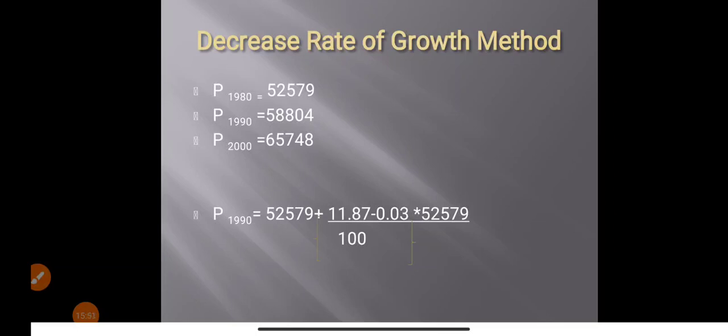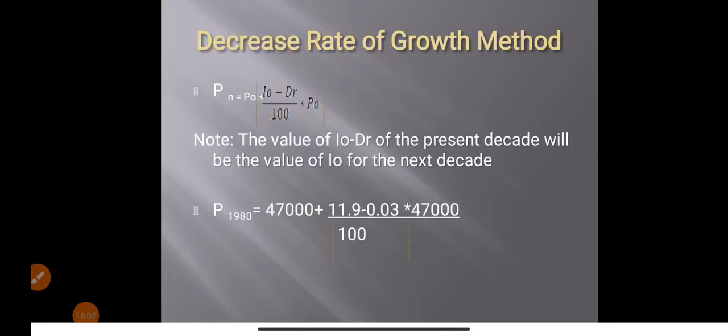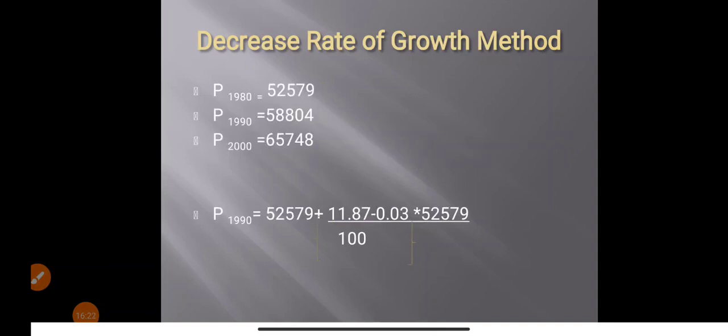So 52,579 plus 11.87. So what is the 11.87? In the note it is given that the value of I naught minus dr of the present decade will be the value of I naught for the next decade. That means 11.9 minus 0.03 gives a value of 11.87.